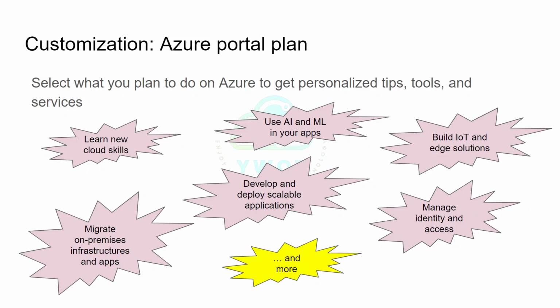The last customization I want to show you is the Azure Portal Plan. Here we can select what we plan to do on Azure to get personalized tips, tools, and services. So for example, here we can specify that we are using Azure because we want to learn new cloud skills, or because we want to use artificial intelligence and machine learning in our apps, or for example, because we want to build IoT and edge solutions and so on.